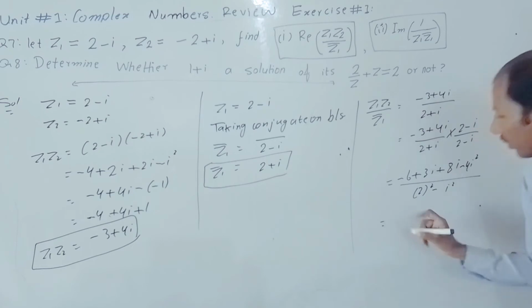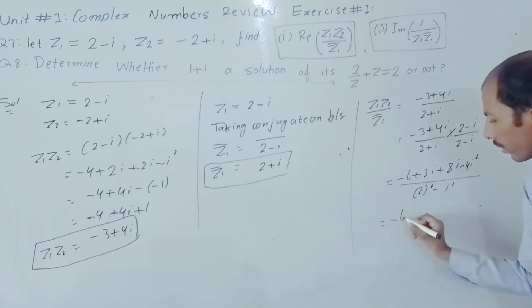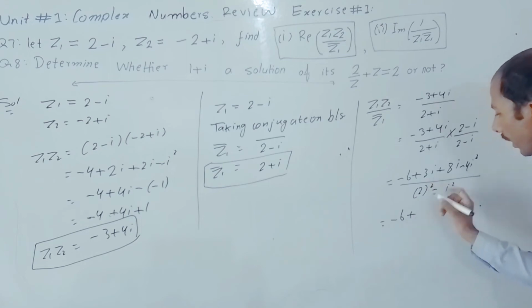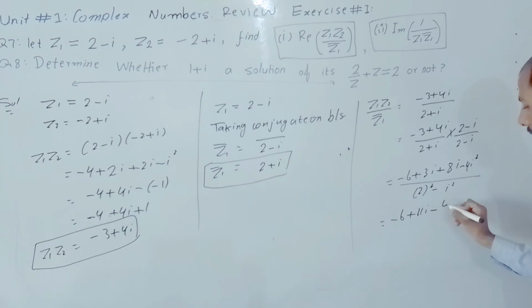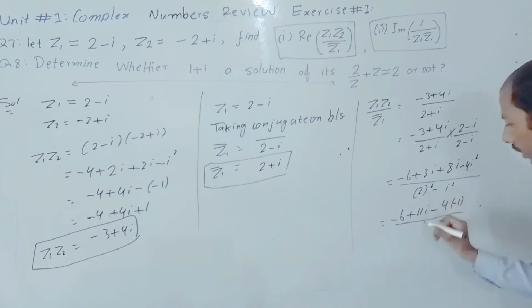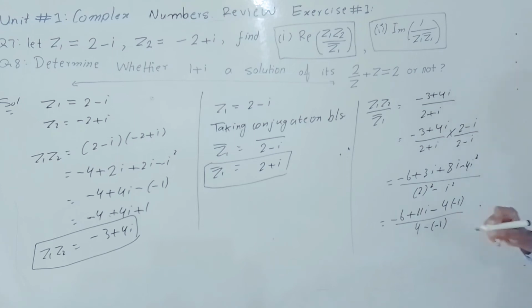So next minus 6 plus 3 iota plus 8 iota is 11 iota, minus 4 iota square, where iota square is equal to minus 1, divided by 2 square is equal to 4 minus iota square is equal to minus 1.